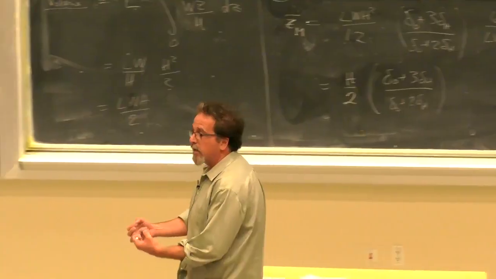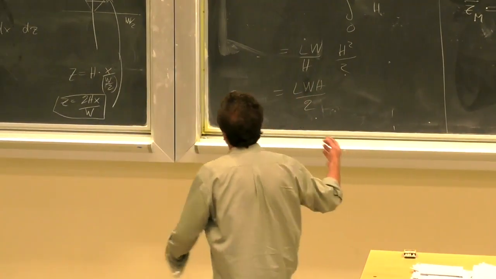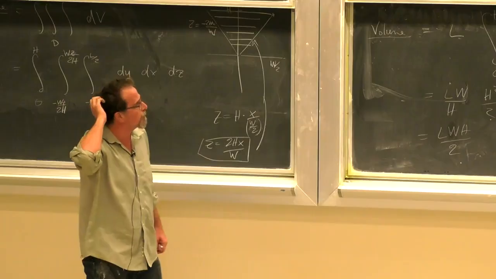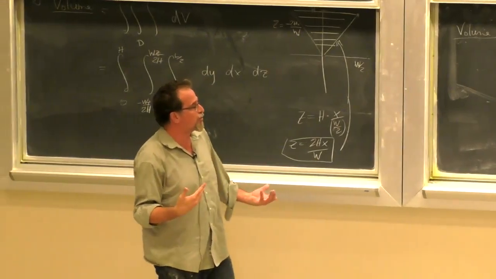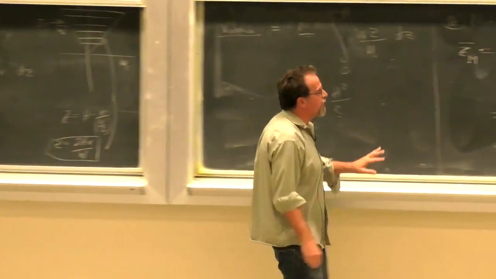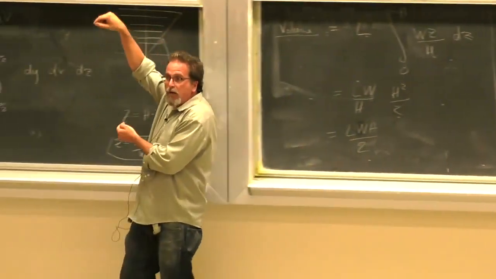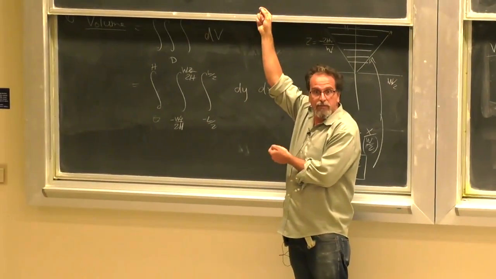So when delta h is delta 0, we recover the answer that the center of mass is where the centroid is, right? Let's consider a different extreme. Let's consider the case delta h is 0, right? So the density goes from some bottom density to 0 at the top.